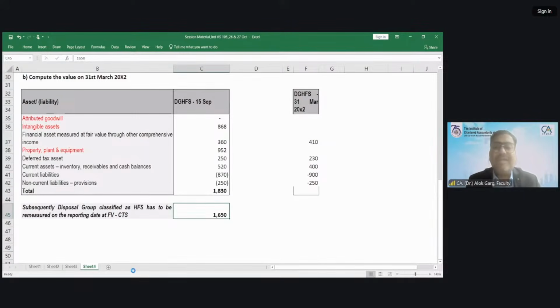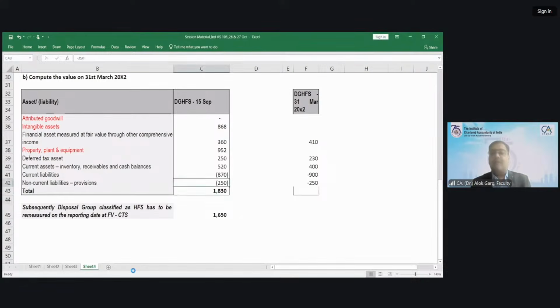So from 1830 it becomes 1650. What is the subsequent impairment, Saminathan? 180, right? Yes, sir.